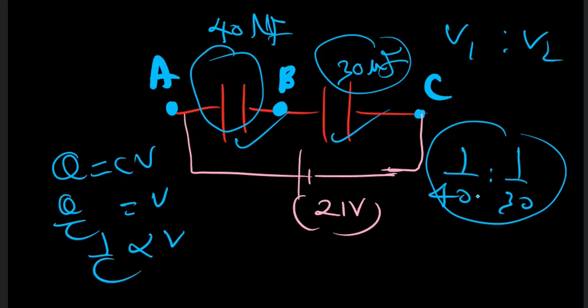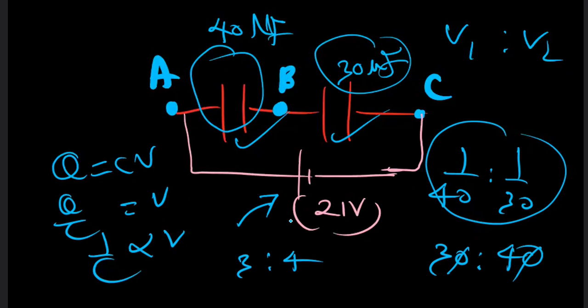So I have to multiply this by a common denominator value. Let's take 120. So 120 into 40, and 120 into 30. That's 30 and 40. Yes, 3 is to 4. Right. So then we can simplify with the 3 is to 4 ratio. Yes, 21 volt, right?